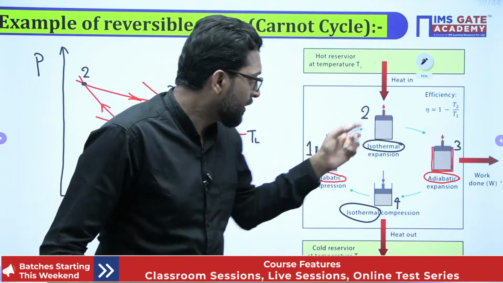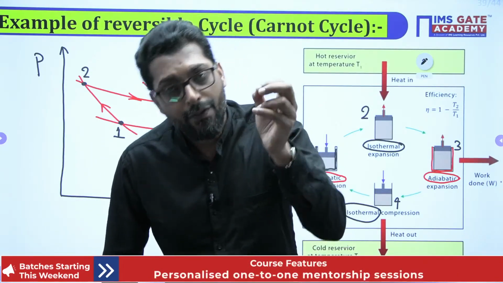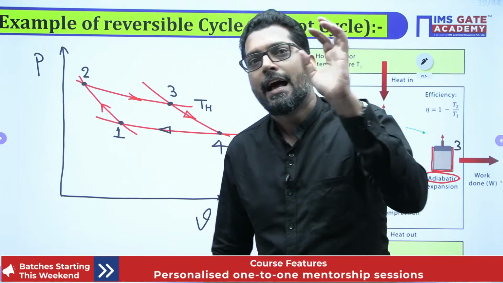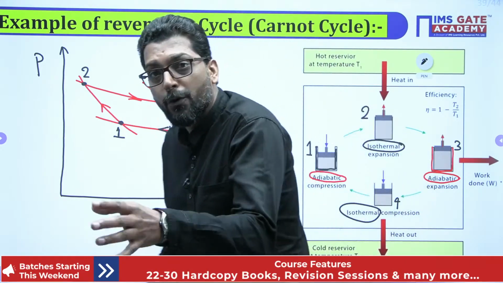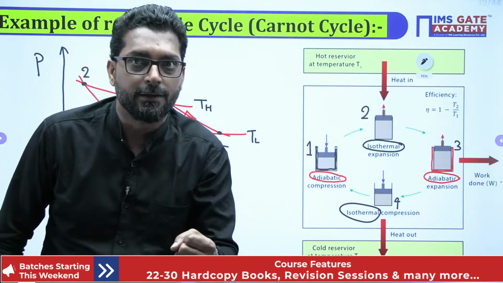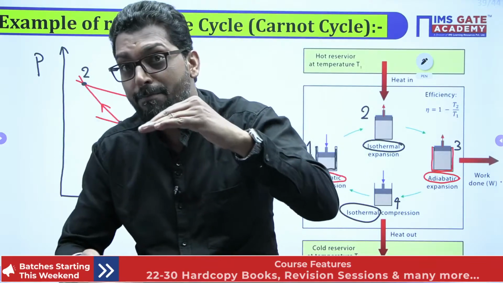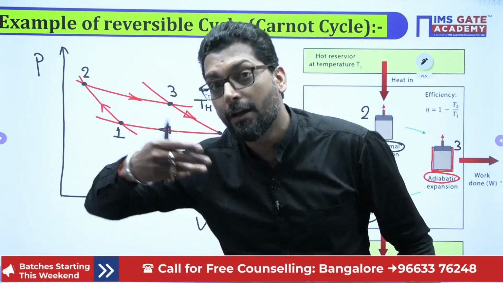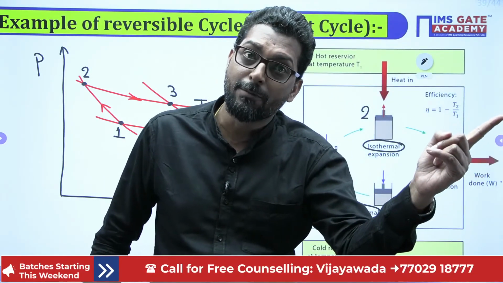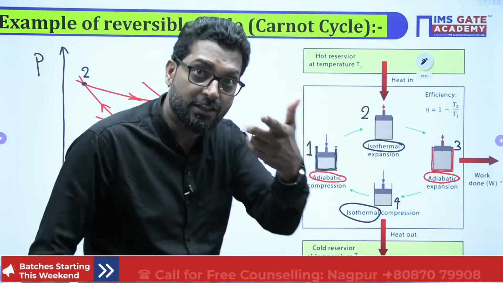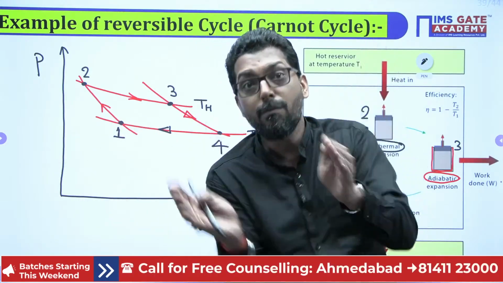Now let's suppose the efficiency of this Carnot cycle is 70%. If you design a practical cycle with the same temperature limit and its efficiency is, let's suppose, 40%, then there is a freedom, a possibility to improve the efficiency toward the maximum.